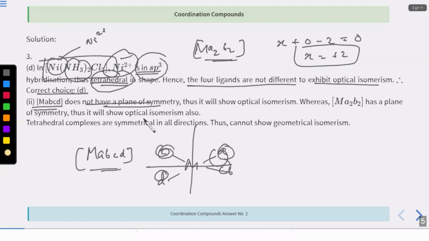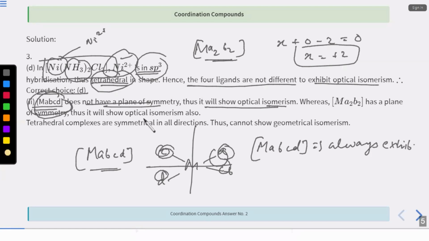So you can't get a plane of symmetry in this type of compound. Thus, it will show optical isomerism, because we know that optical isomerism exhibits only when there is no plane of symmetry. So MABCD type of compounds always exhibit optical isomerism.